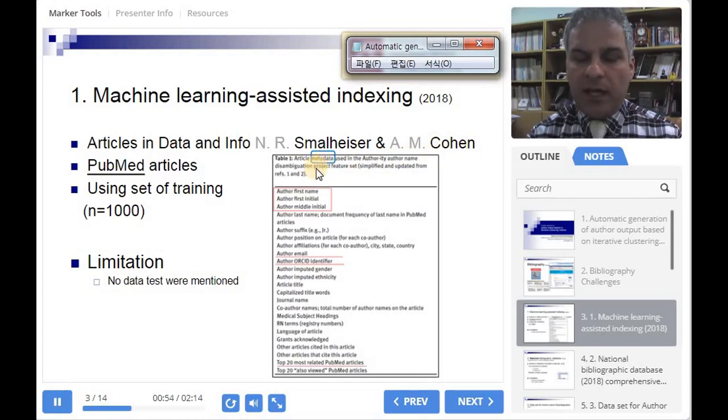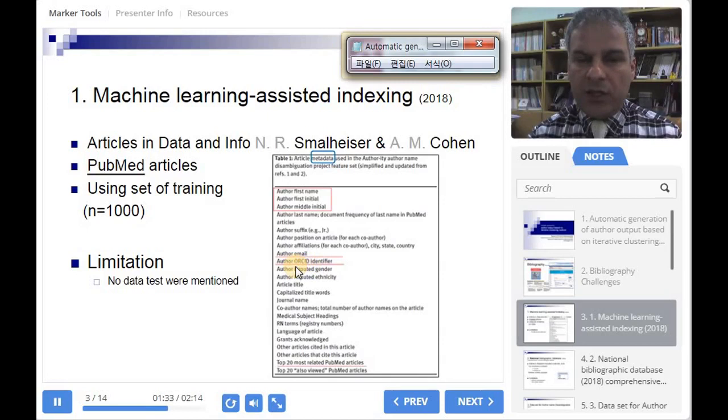These metadata include author first name, initial, middle initial, author's email, ORCID identifier, and others. ORCID identifier is a unique name assigned to authors, and by searching these identifiers, disambiguity of authors can be reduced.